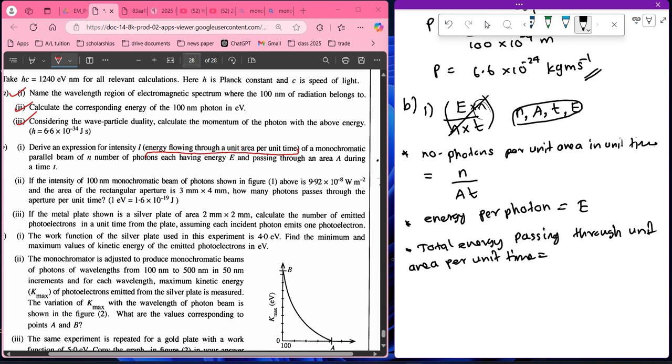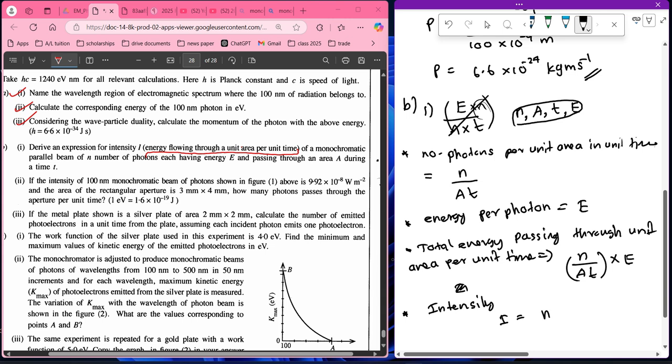That is called the total intensity. So write this down: n divided by A t into that energy. Okay. So next, the intensity. What is the intensity? That is I equals the same expression, n divided by A t into E.